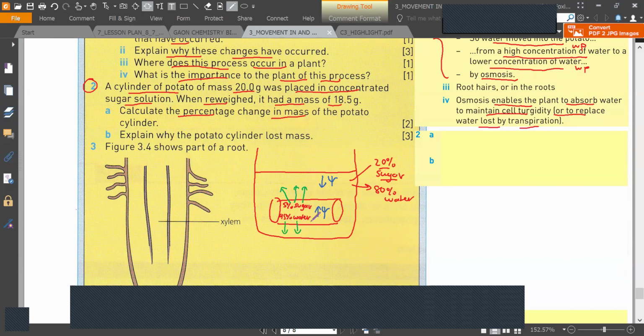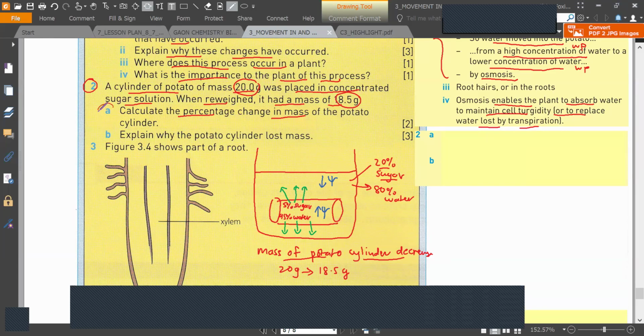So the mass of the potato cylinder will decrease, because it is losing water. That's why we can see it goes from 20 grams to 18.5 grams. That's what we expect to happen.